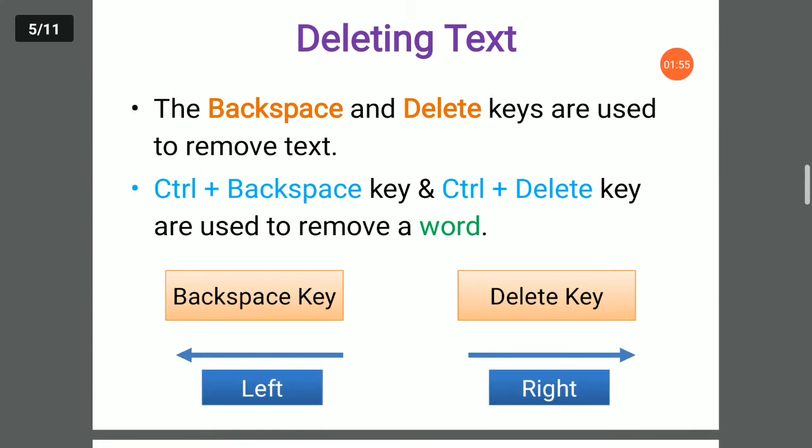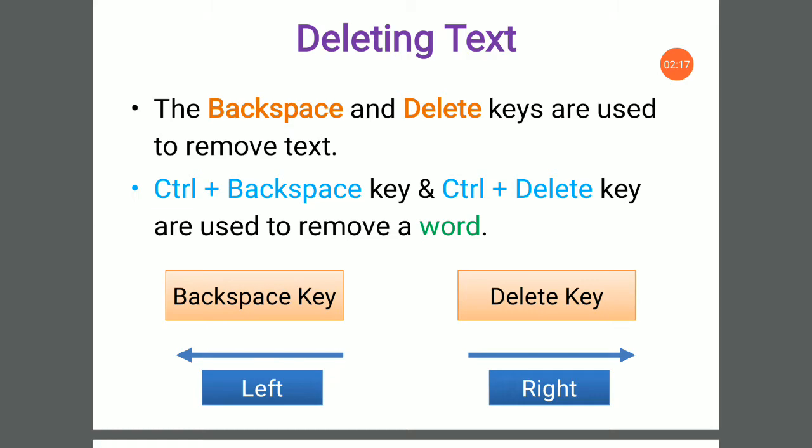Deleting text. Now what is deleting text? The backspace and delete keys are used to remove text. Control plus backspace and Control plus delete are used to remove a word. See, there are two keys, one backspace key, second delete key.